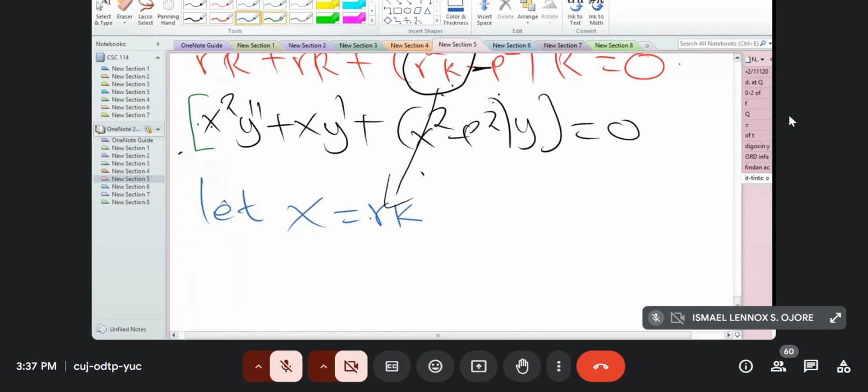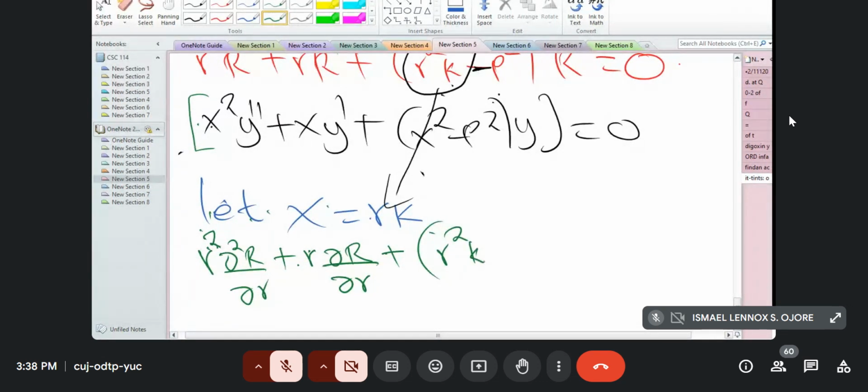To do that, maybe we can first rewrite our R double prime as partial squared capital R over partial r squared plus R prime is partial capital R over partial small r plus r squared k squared minus p squared equals 0.